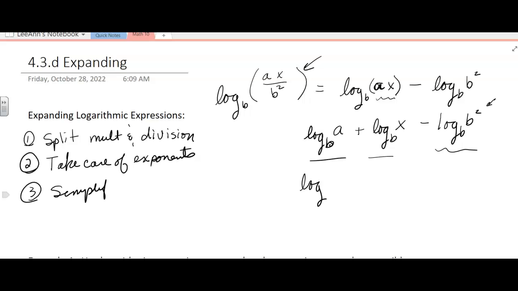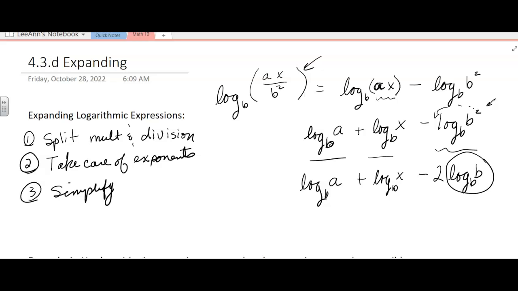Now, we know that, let me finish writing this, log base b of a plus log base b of x, and then minus, we know it's 2, but let's say you forgot that property and you're like, oh, it's an exponent, I want to bring it down in front. 2 log base b of b, which a lot of times that's what you have to do.